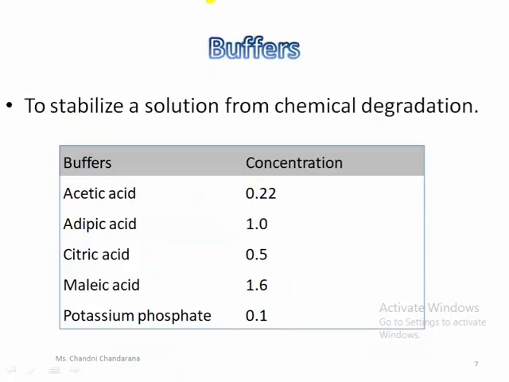Next is buffers. Buffers are added to maintain the pH of any product. Why do we have to maintain the pH? To stabilize the solution from chemical degradation. Sometimes we observe changes in pH during storage.